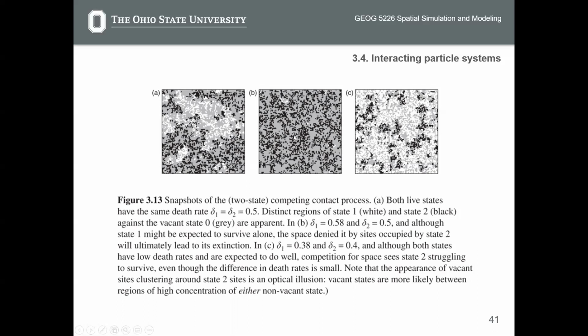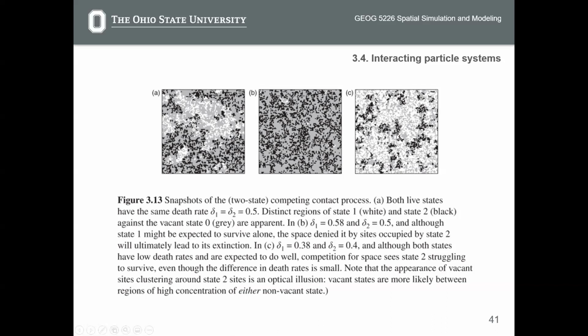And you can say that black is totally dominant here. Okay, and if you go on running this model, white will be completely dominated by black, which means that the white cells will die out.